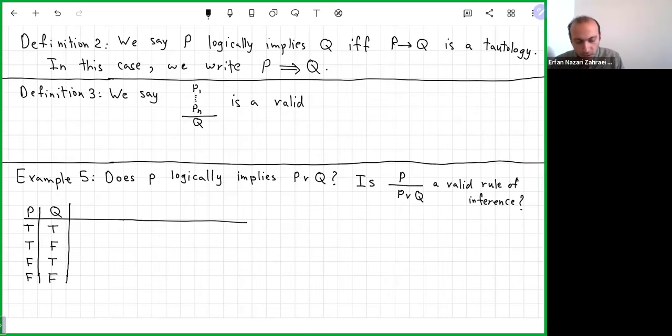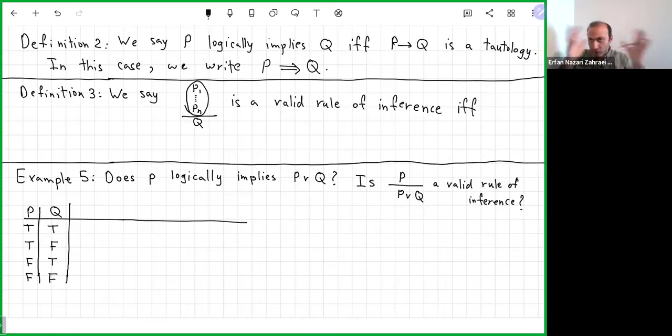That's another definition. It is a valid rule of inference if and only if these assumptions all together, the AND of these statements, logically implies Q.